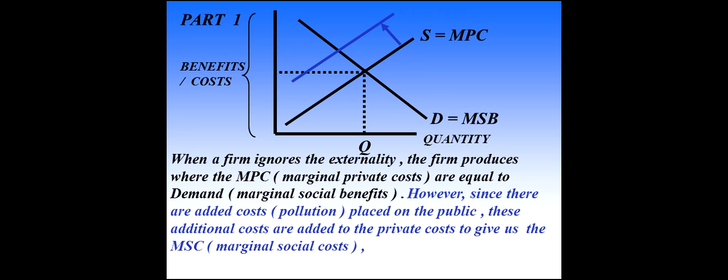However, since there are added costs, meaning the pollution on the society, and this is where we begin to illustrate B, what we would desire. There are added costs, the pollution placed on the public. These additional costs must be added to the private costs to give us what we optimally want, which is the MSC, the marginal social costs.